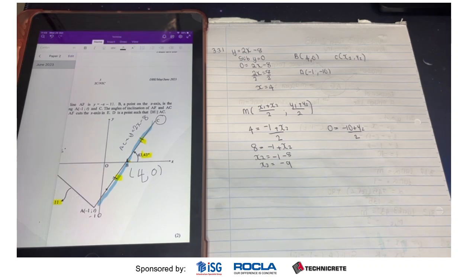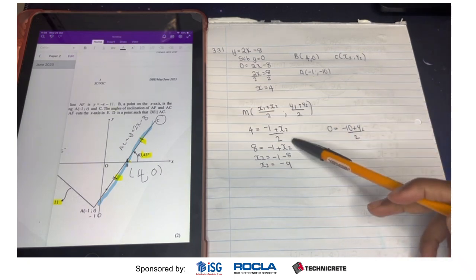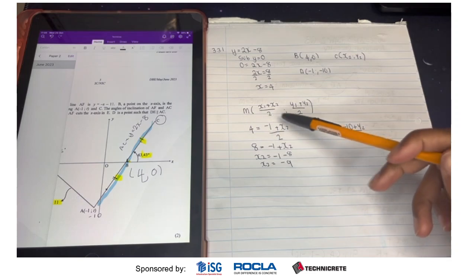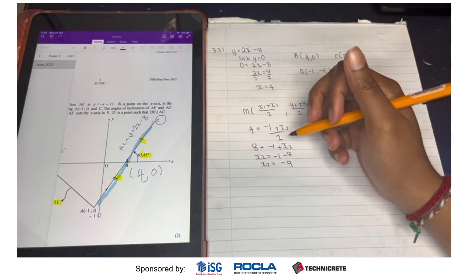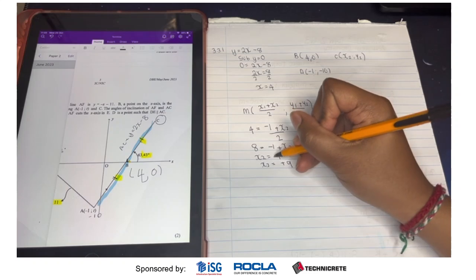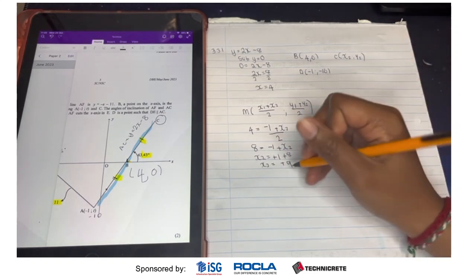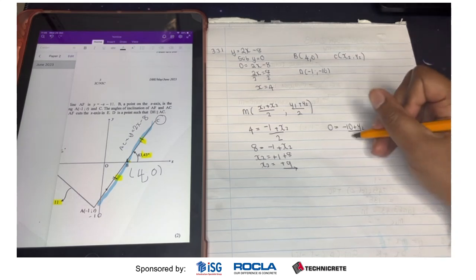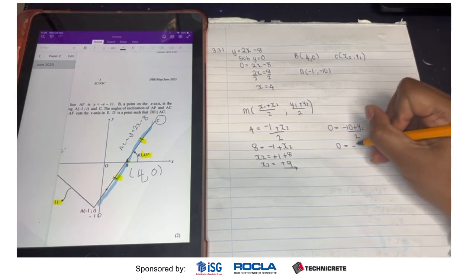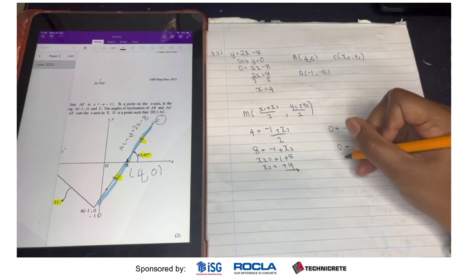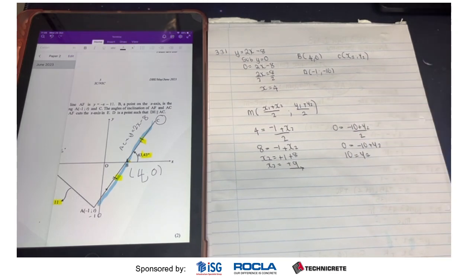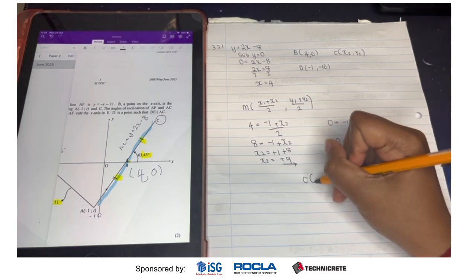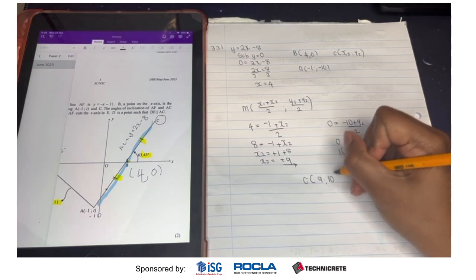Let me just double check. -1 plus my x2 is equal to 8. I'm taking the 1 to the other side, so it's supposed to actually be +1. +1, +8, x2 is equal to +9. Sorry about that. Let's look here on the side. We're going to cross multiply. We're going to get 0 equals -10 plus y2. We're going to take the 10 to the other side. 10 is equal to y2. So now we know our values of C. Our coordinates are (9, 10).